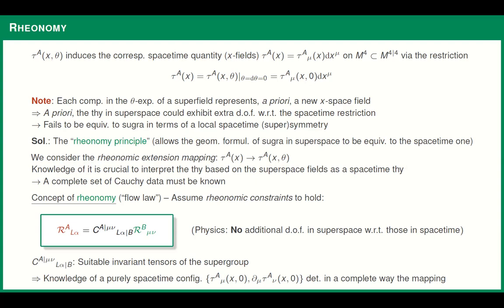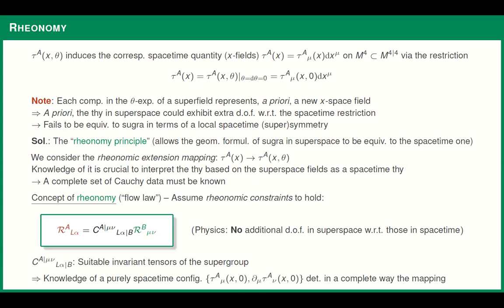All theories exhibiting this property are called reonomic then, and for these theories to be well defined, so for the reonomic flow to be well defined, some reonomic constraints have to hold, that are those ones, and one can prove that indeed knowing a complete set of Cauchy data to know this extension mapping is equivalent to requiring this.